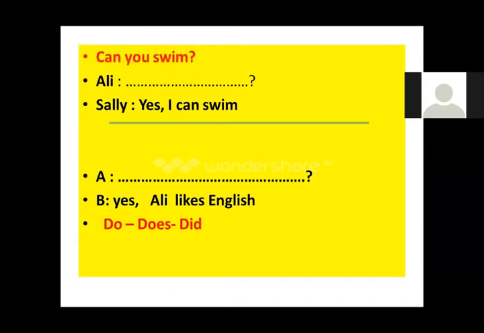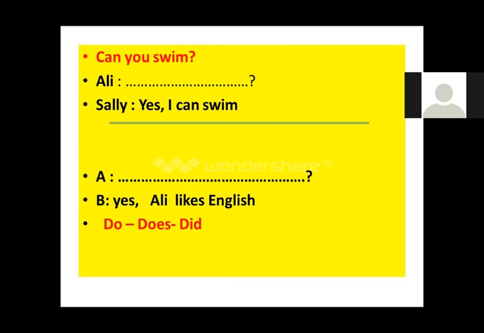You can say like, can you swim? No. Here in this case, we need a helping verb like do, does, did. Of course, do and does in the present simple and did in the past simple. Here is Ali likes English.